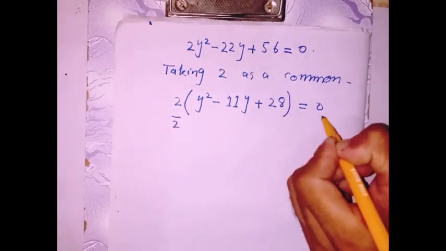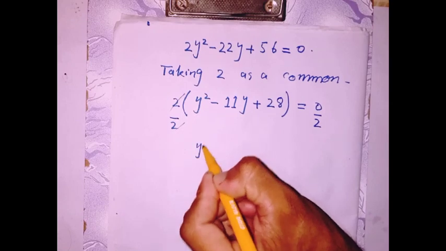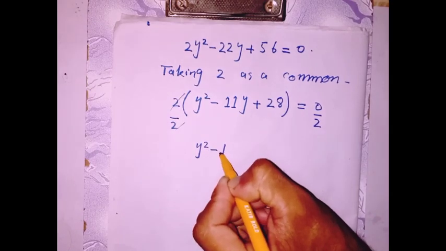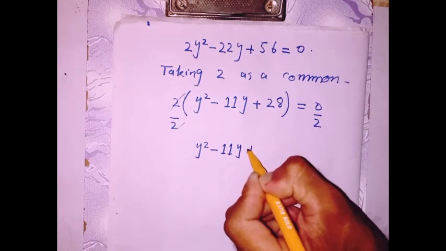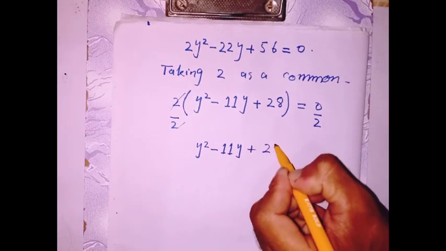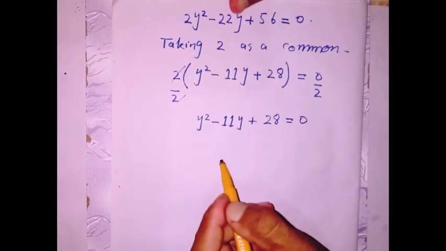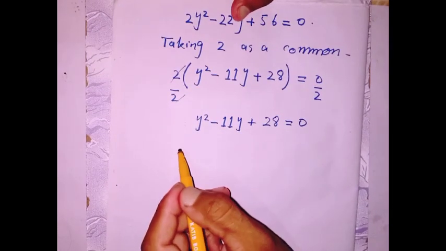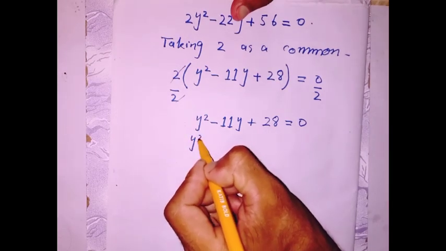Now divide both sides by 2, the 2 cancels, so we get y square minus 11y plus 28 is equal to 0. It's a simple quadratic equation in y, so we will solve for y.